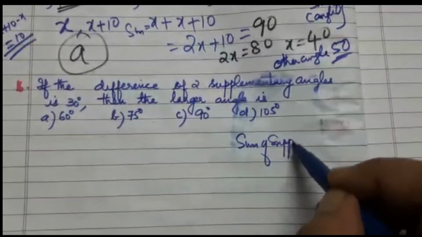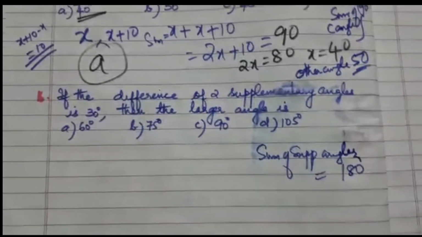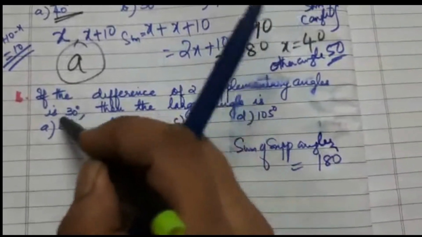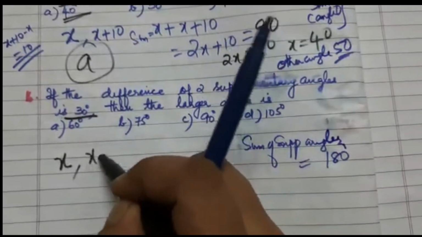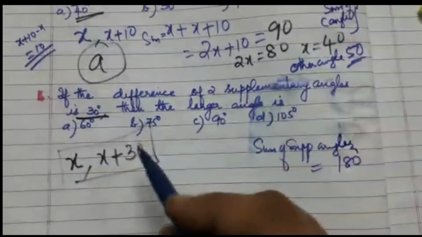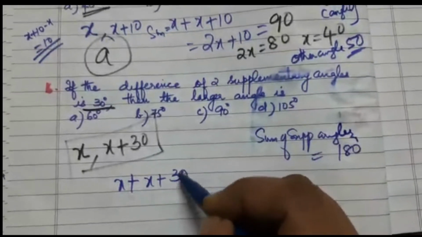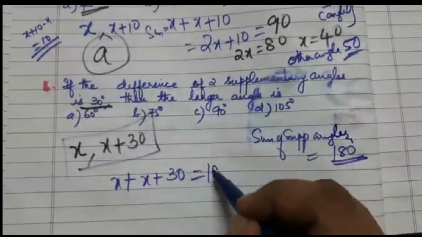Now last question is, if the difference of two supplementary angles. Supplementary means sum of supplementary angles is equal to 180 degree. Here the same way the difference is given as 30 degree. So x and x plus 30, these are supplementary angles. Now their sum, x plus x plus 30, equal to supplementary angles means 180 degree.